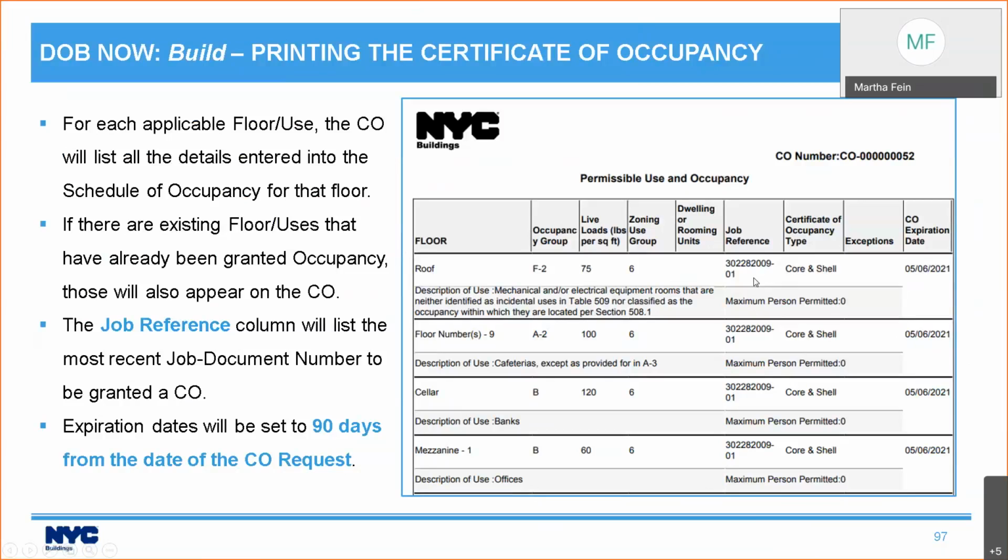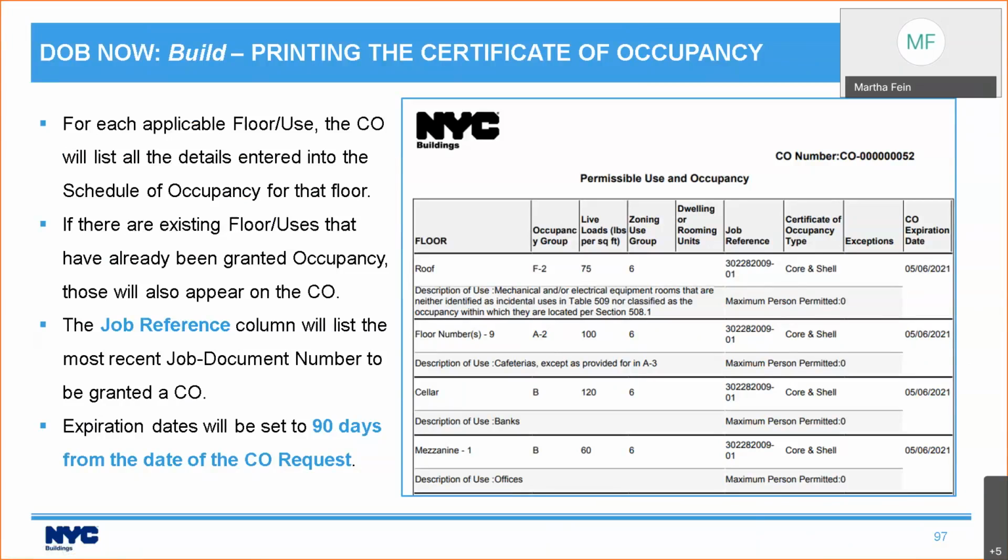Now, if you request a type of occupancy that needs renewal, that would be core and shell or temporary, then the system is automatically going to set the expiration date for that occupancy to 90 days from the date of your request. And this is important. It's 90 days from the date you submitted your request, not from when it gets granted.